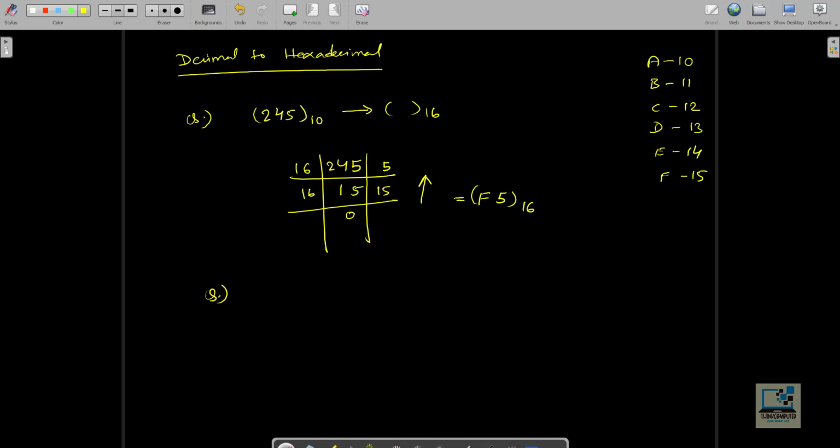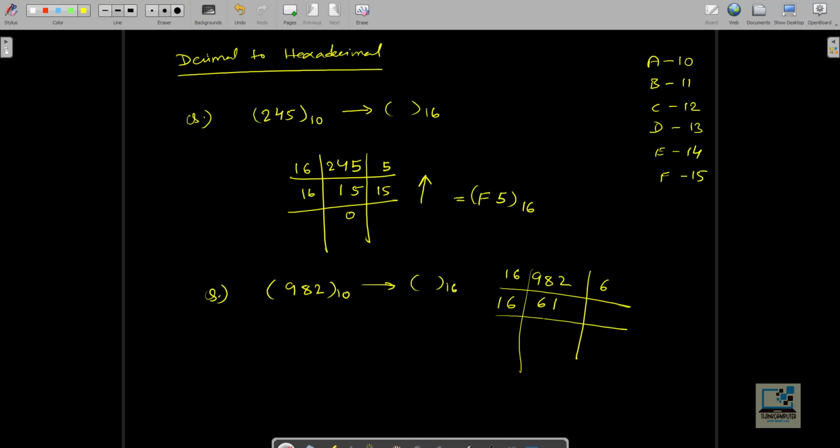Suppose I take the number 982 base 10 to base 16, that is decimal to hexadecimal. So 982, draw the line, divide by 16. So 16 6s are 96, correct? 98 minus 96 will be 2, 2 and a 2, 22, 16 1s are 16, 22 minus 16 will be remainder 6.